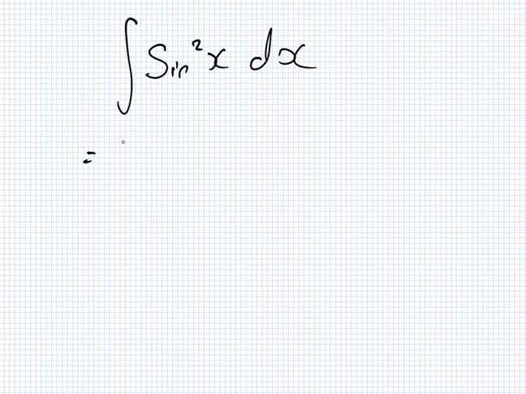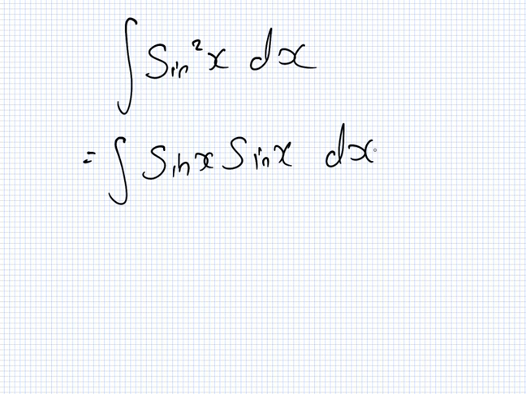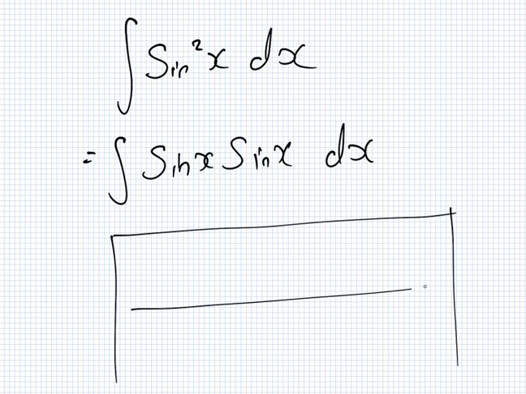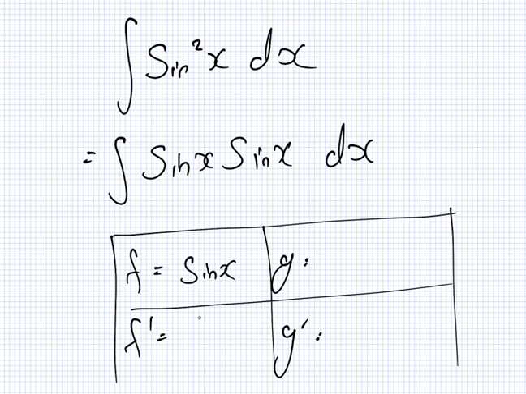A lot of people might see straight away, here we have sine x sine x dx, and you realise, oh, it doesn't matter which way around it is because it's the same. F derivative, G derivative. So here this is sine x, cos x, and then here this is sine x, minus cos x.